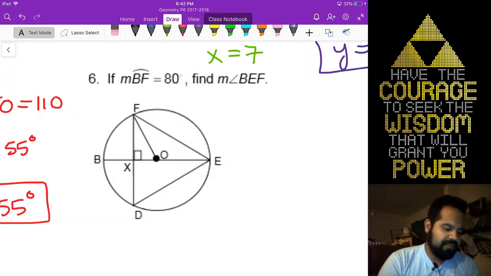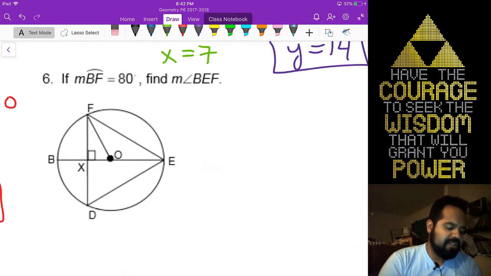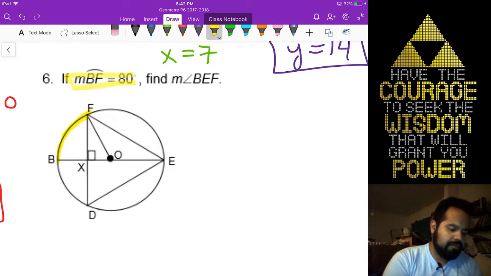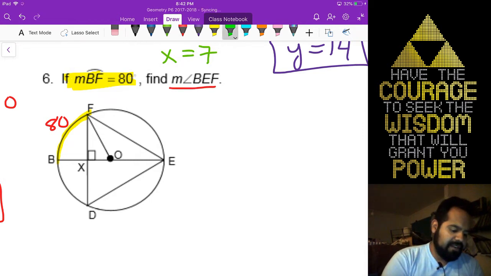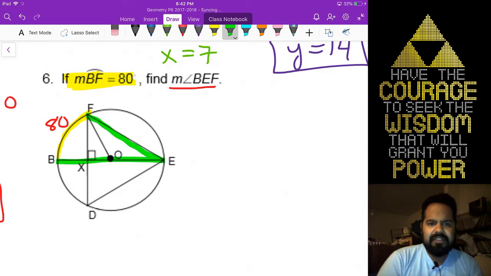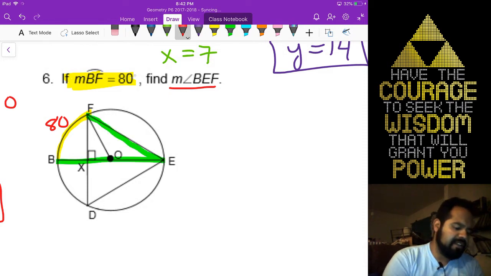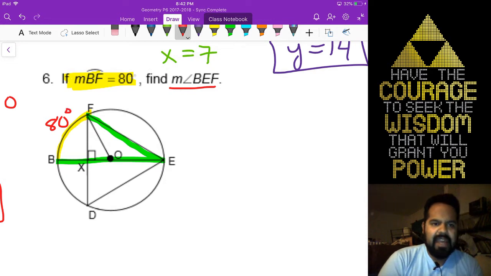Number 6, we have the measure of BF, aka my best friend, which is 80. We want to find the measure of angle BEF. So let's see here, BEF. I don't know about you guys, but this is looking an awful lot like ice cream right here.